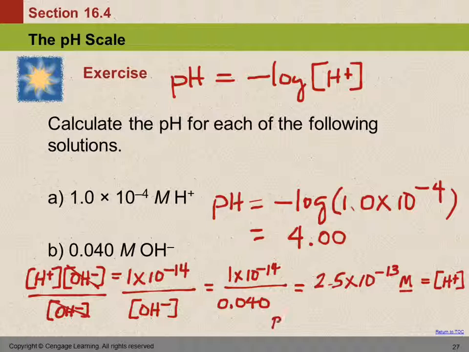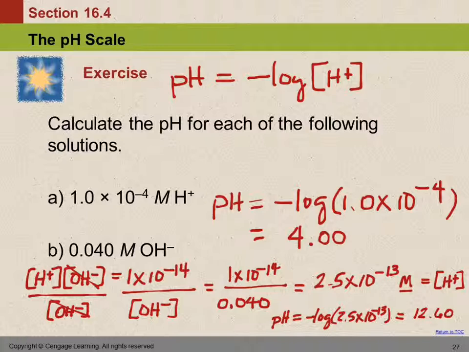So the pH equals negative log of 2.5 times 10 to the minus 13, which will be 12 something. 12.60. pH doesn't have a unit.